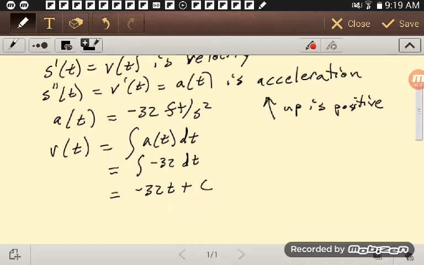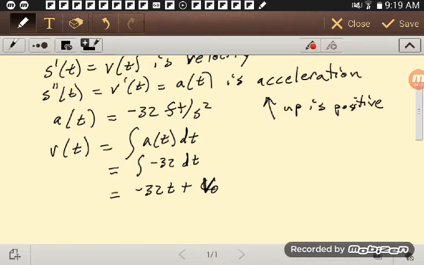Now, instead of writing c or c1, the book uses c1, in this case I'm going to say v0, the velocity at time 0.